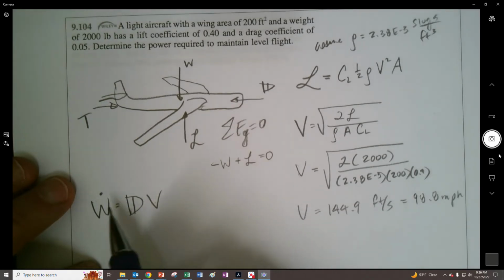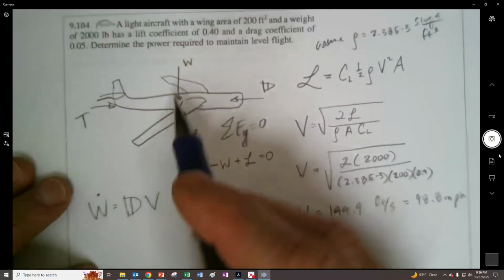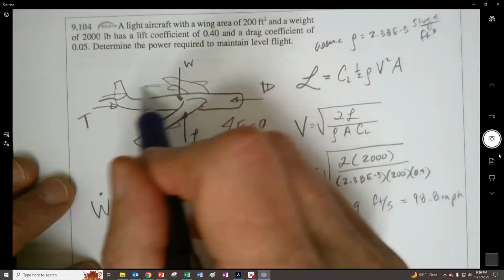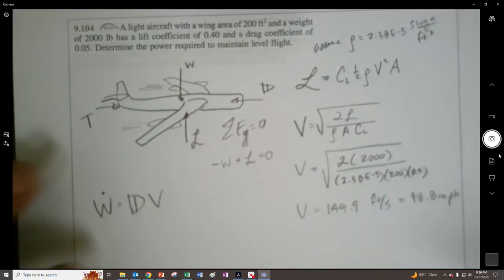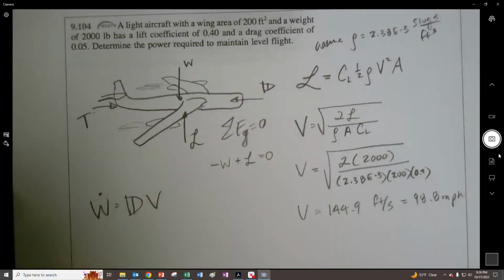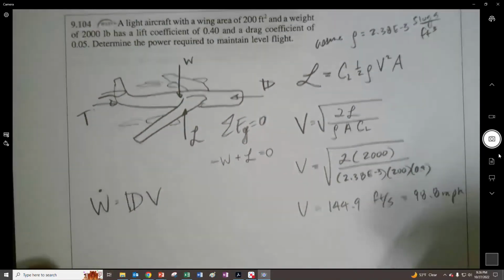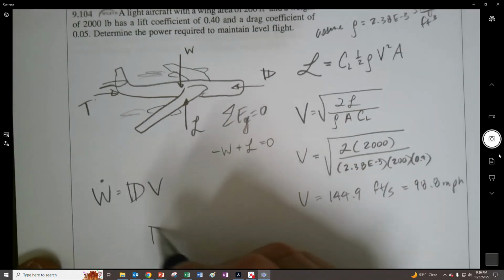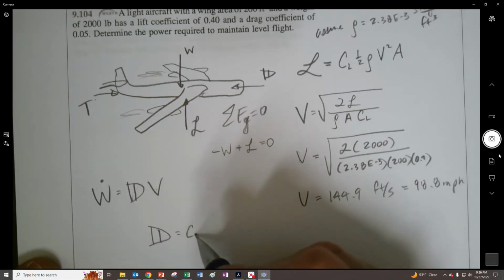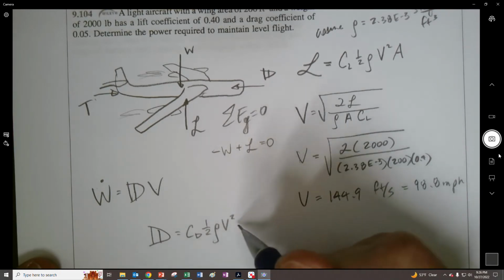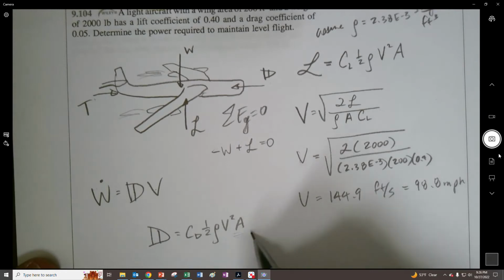And so that's the power that's required out of whatever engines, whether they be propellers or jets or whatever that are creating thrust, that thrust has to equal the drag when you're at a constant speed. So we need to find this drag, and that's found from taking the drag coefficient, multiplying by 1/2 rho V squared A.